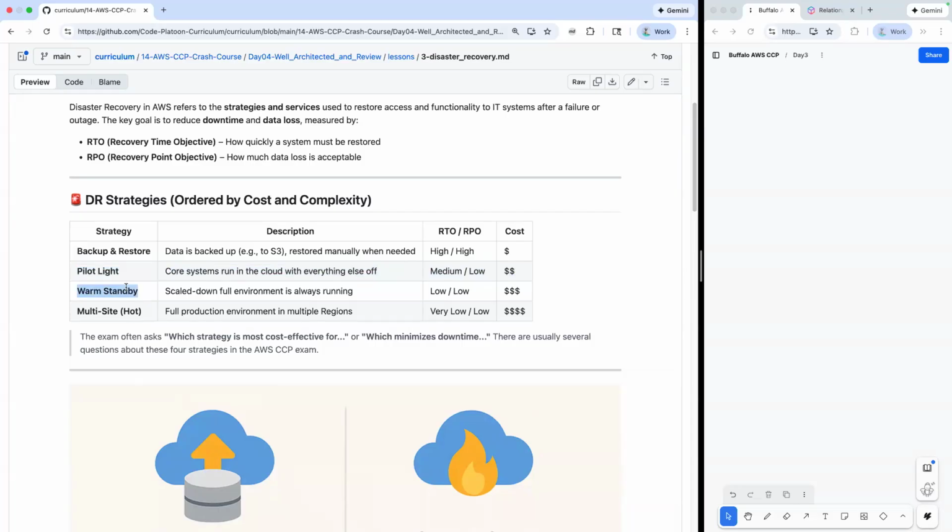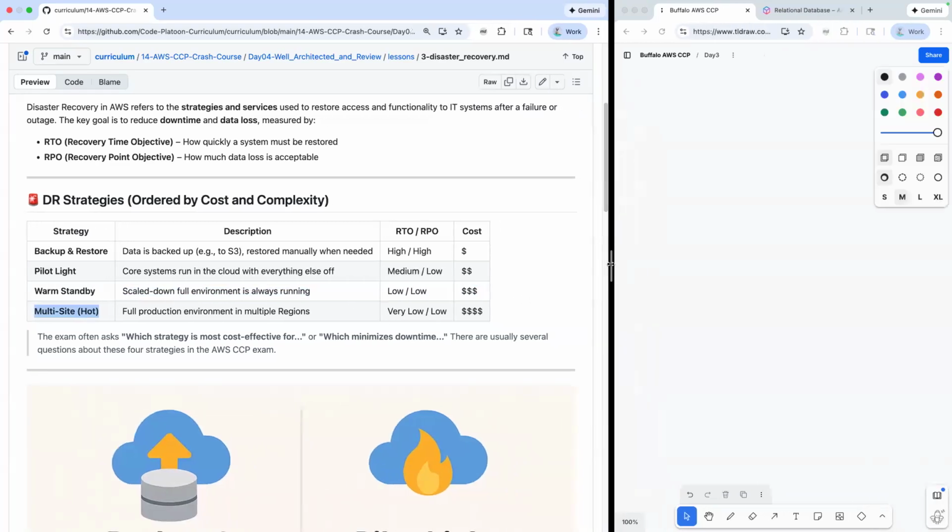Then there's something called warm standby, where you have basically a duplicate full environment that's always running, but you have a smaller version of it. You're going to have a lot less loss and it'll take a lot less time, but it's a lot more expensive. And finally, there's the multi-site or hot strategy where you have the full production environment in multiple regions. This is really expensive, but you'll have very little loss.